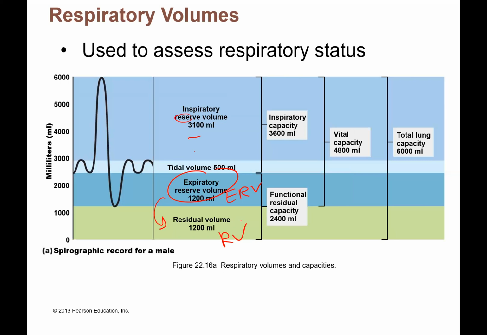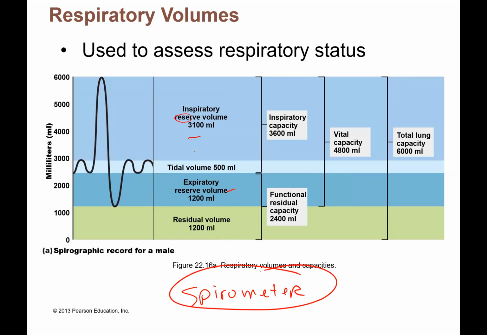All right. So when you're testing people on a spirometer, you're going to pinch off their nose, put a tube in their mouth, and have them breathe normal, measure all the stuff, inhale, exhale.